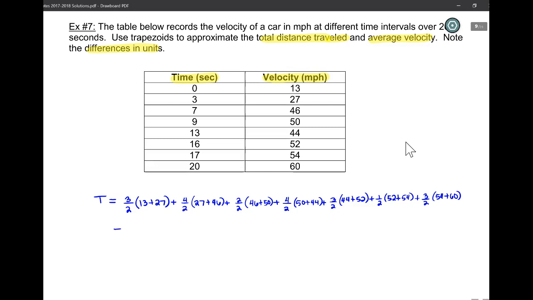So I get 858. So that's the total distance traveled.